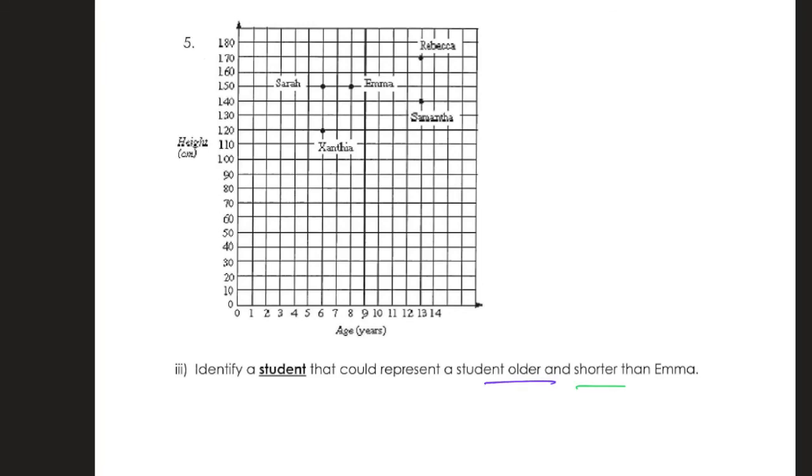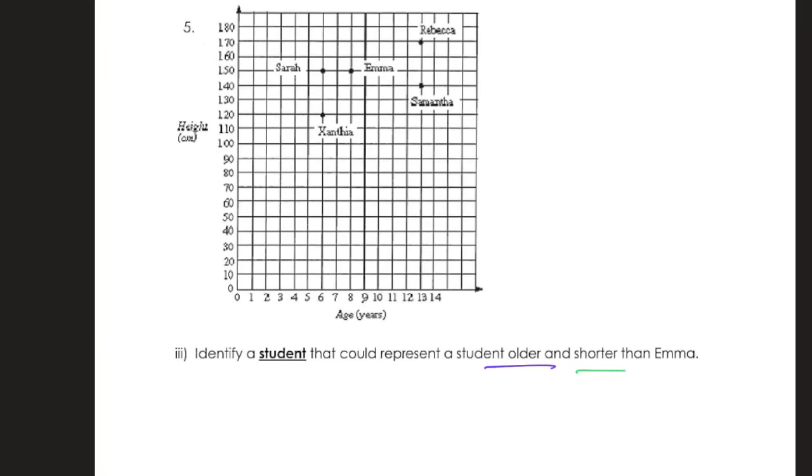Where is Emma right now? There is Emma. Well, we have 5 people on that graph. If we take away Emma, we have 4 people on that graph. So you need to identify one of those other 4 that would be older and shorter than Emma. Go ahead and pause it, and go on the record, write down the name of somebody that satisfies that, older and shorter than Emma. Pause it now.